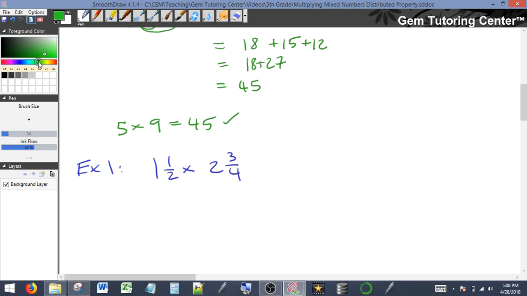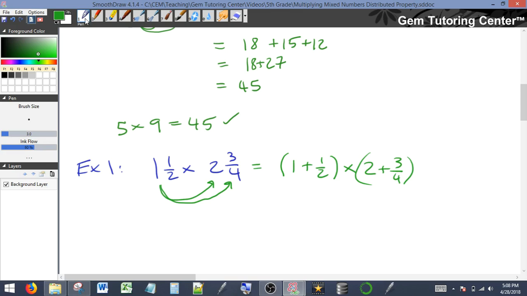So what will happen is the 1 gets multiplied with the 2 and with the 3/4. So these are two items. The 1 and the half are separate items, and the 2 and the 3/4 are also separate items. So what we're really multiplying is (1 plus 1/2) times (2 plus 3/4).